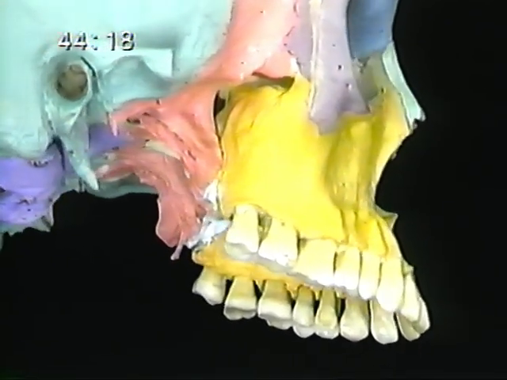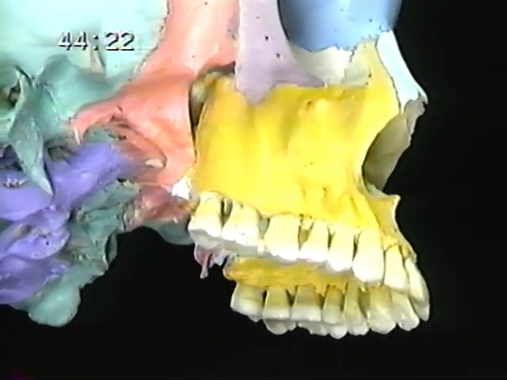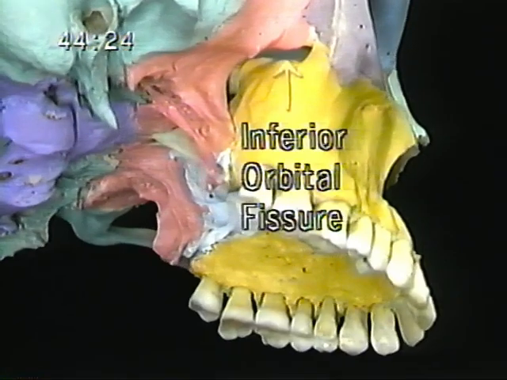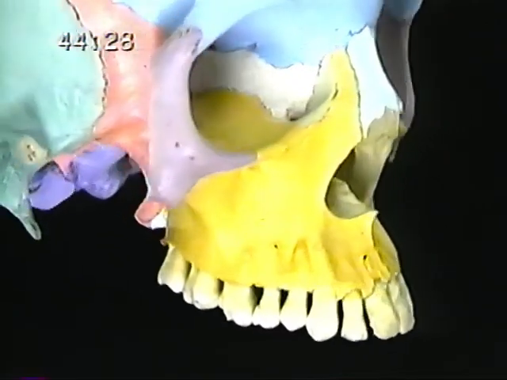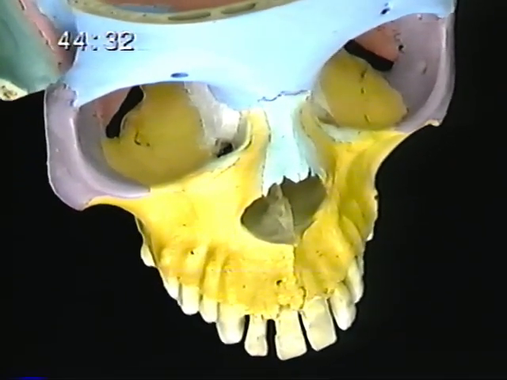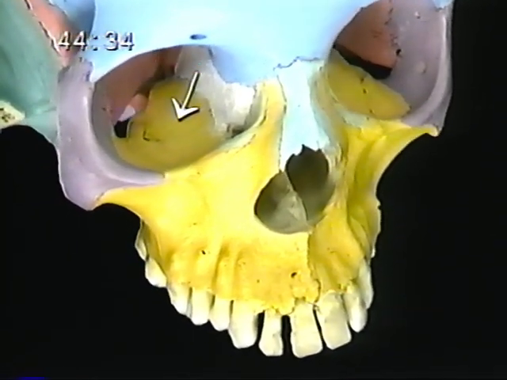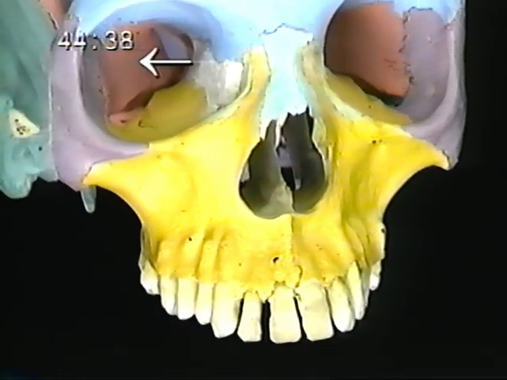The vertical part of the cleft is called the pterygomaxillary fissure. The horizontal part of the cleft is called the inferior orbital fissure. The inferior orbital fissure, here it is from in front, separates the floor of the orbit, formed by the maxilla, from the lateral wall, that's formed by the sphenoid.